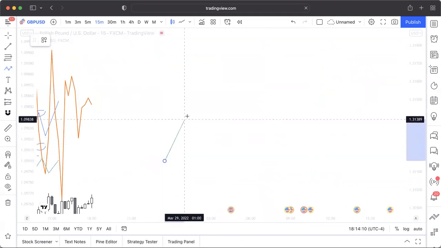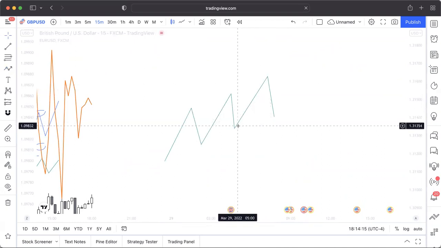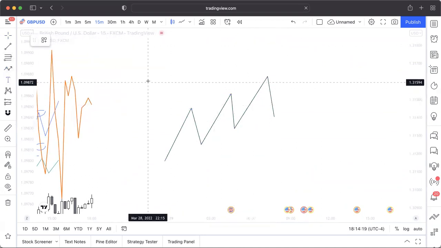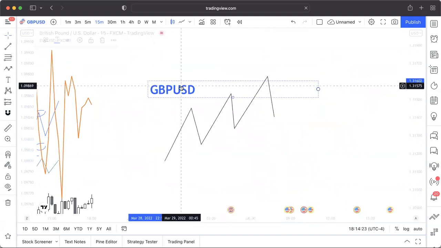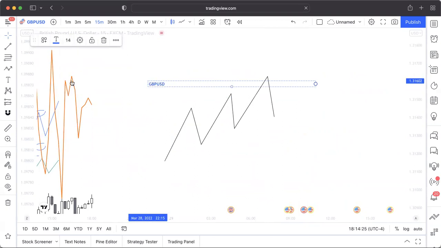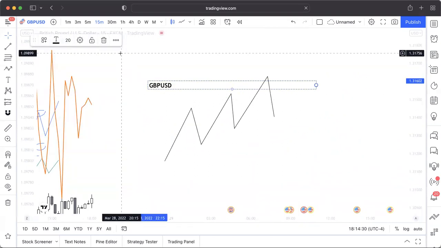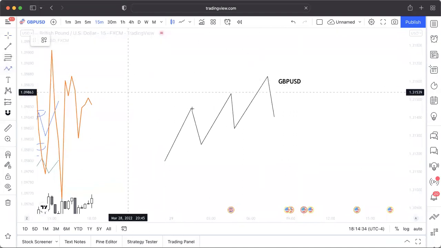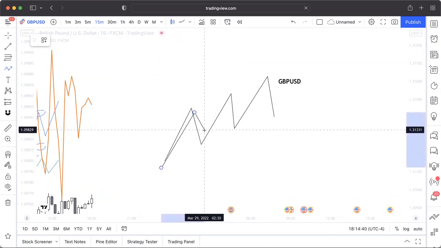So again, now let's imagine the black line is GBP USD, and let's say this one is Euro USD.